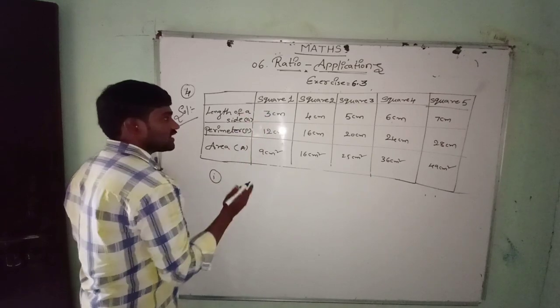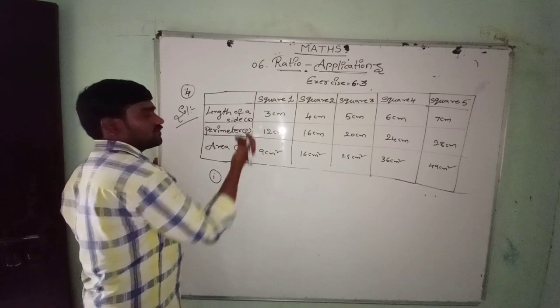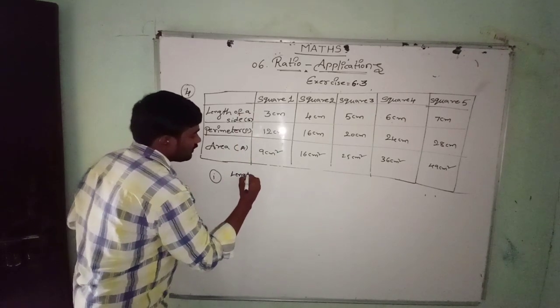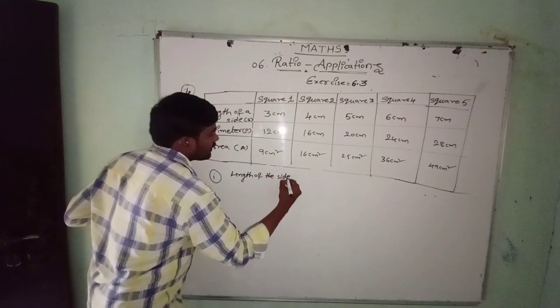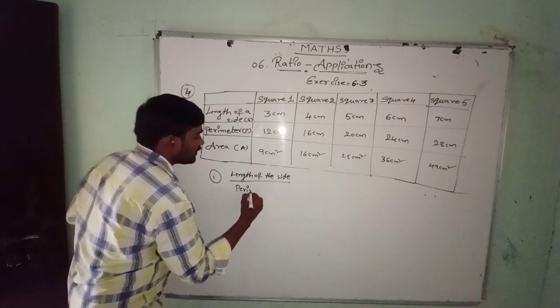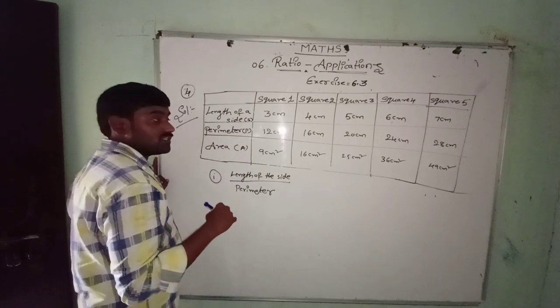Here the length of the side, that is a side, let us take it as S. Length of the side by perimeter, let us find out. Earlier, to check direct proportion, we did x by y.